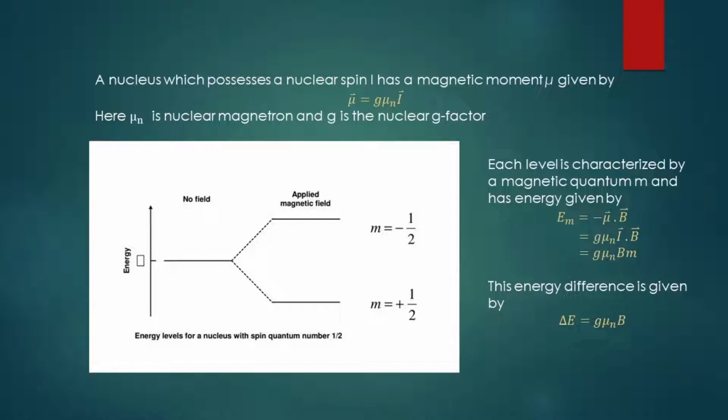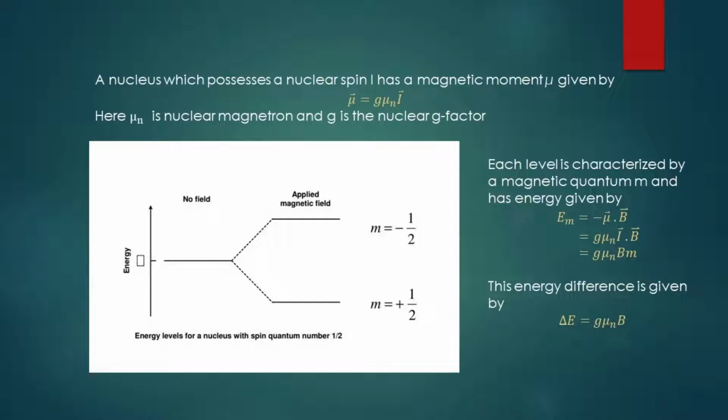Right. So a nucleus with spin half will have two orientations. One is minus half and one is plus half. Here m equal to plus half corresponds to the ground state energy, and m equal to minus half corresponds to the excited state energy.